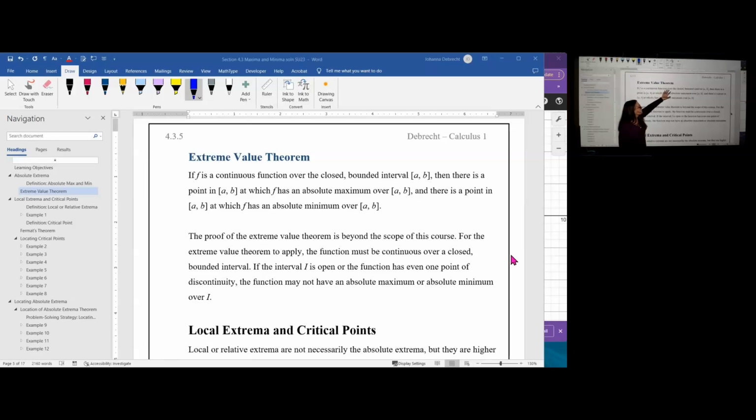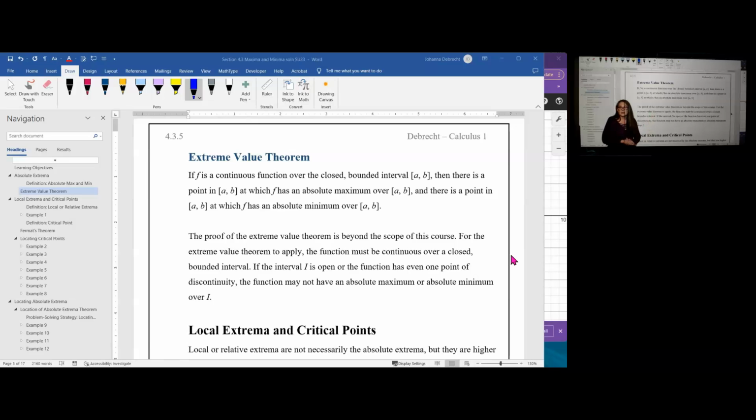If f is a continuous function over the closed bounded interval from a to b, no going to positive or negative infinity, then there is a point in the closed interval at which f has an absolute maximum over that closed interval, and there is a point in the closed interval at which f has an absolute minimum over the interval. Notice that it includes the endpoints. Our absolute extrema could be at a or b or any value in between.